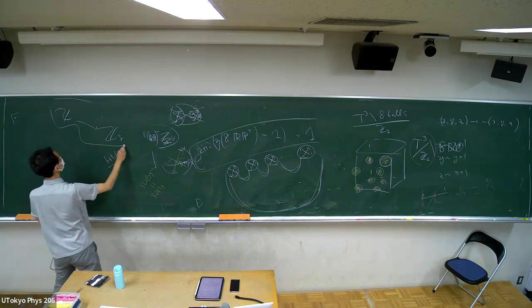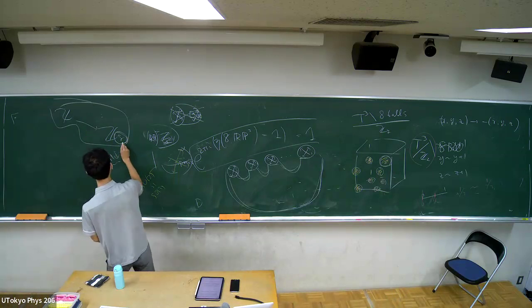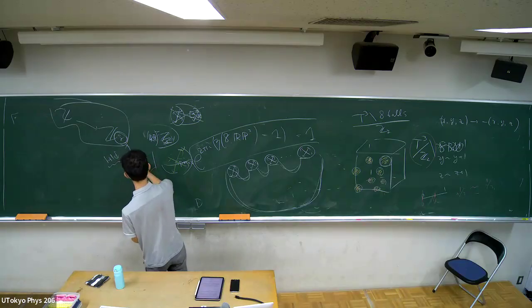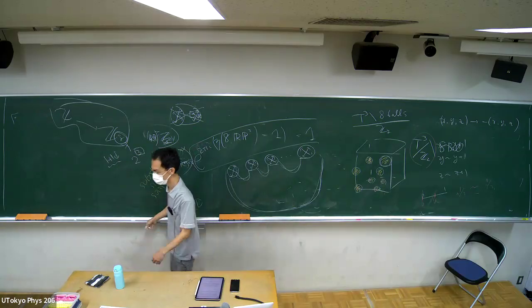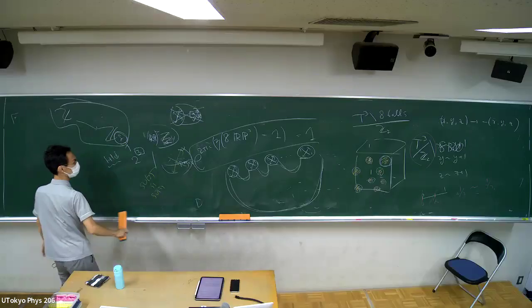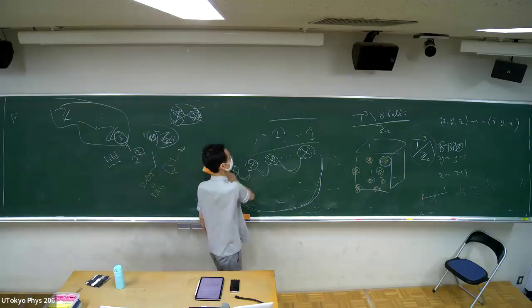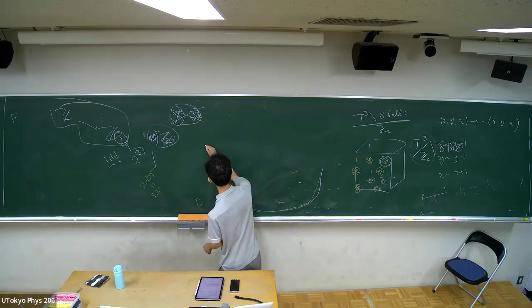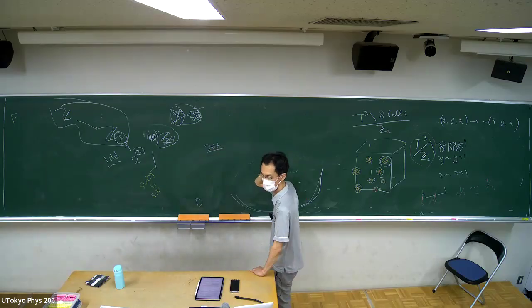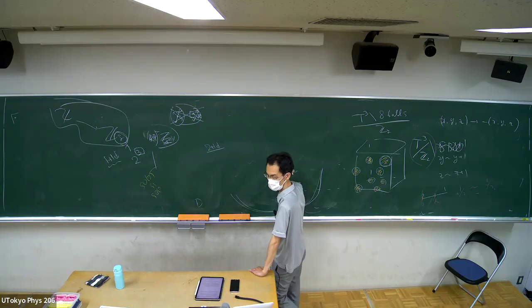Yeah, so this is related to Z to Z8, and the fact that this 8 is 2 to the 3, where 3 is the dimensionality. But certain things don't happen in 2 plus 1D.